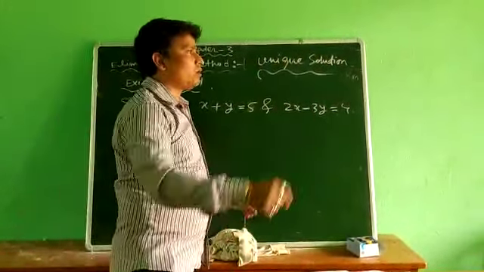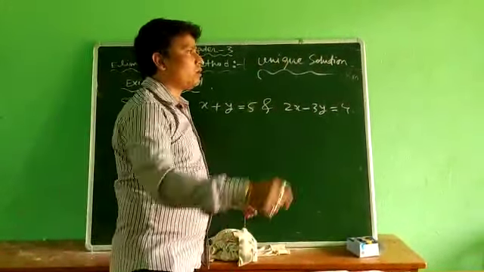So what is the condition for a unique solution? Already given in the consistency table: a1 by a2 is not equal to b1 by b2. By this condition you have to check whether a solution exists for a pair of linear equations. How to check?